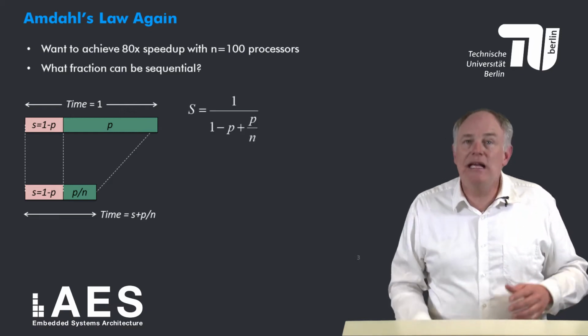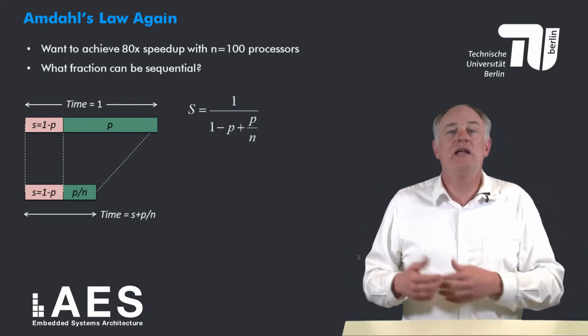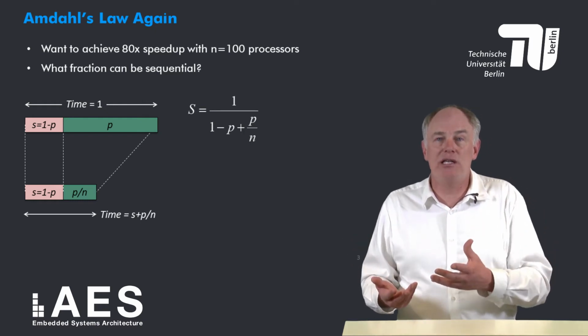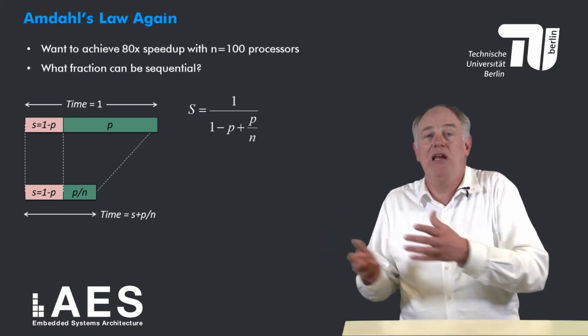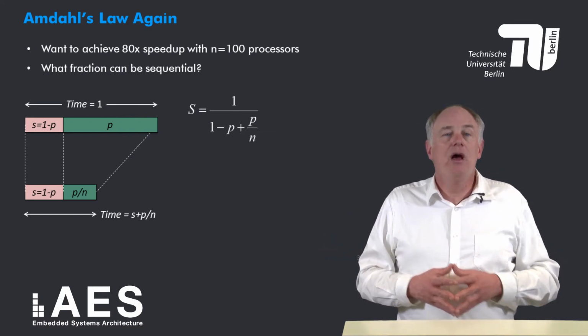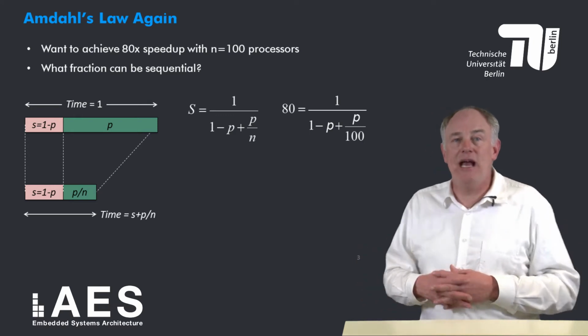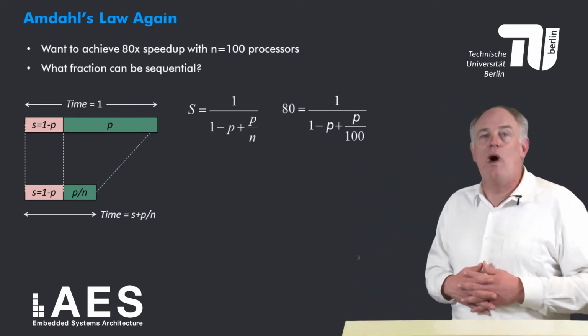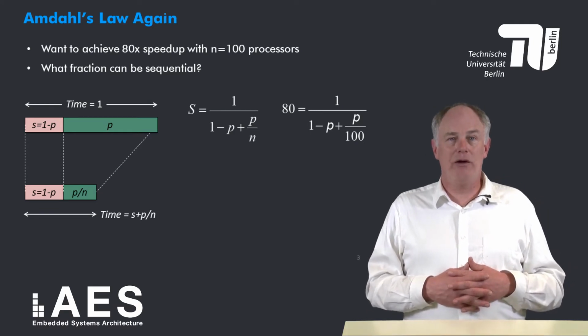The speedup is therefore given by the time on a single processor, 1, divided by the time on n processors, 1 divided by 1 minus P plus P divided by n. We can now substitute the given parameters and obtain that 80 must be equal to 1 divided by 1 minus P plus P divided by 100.